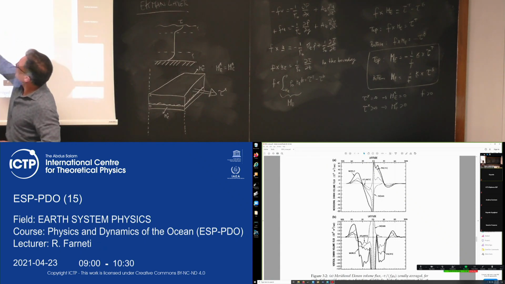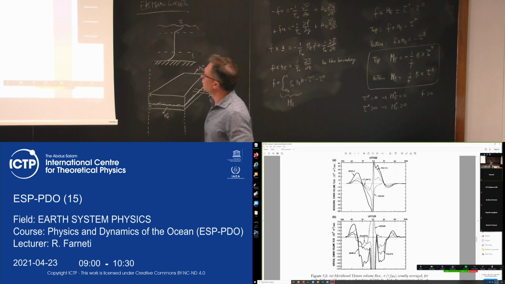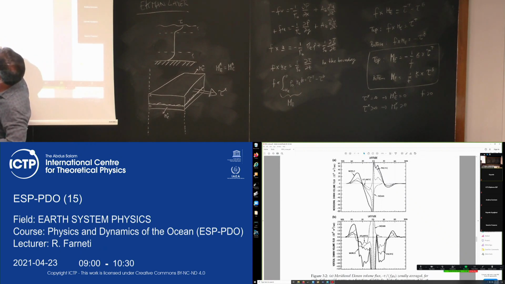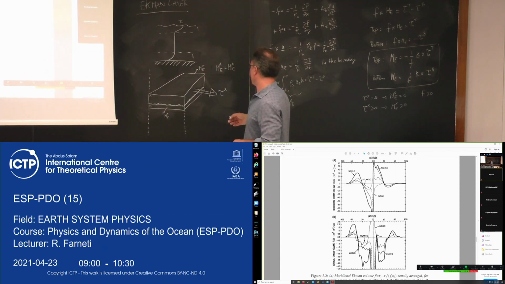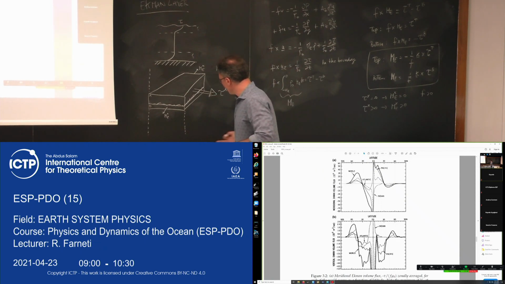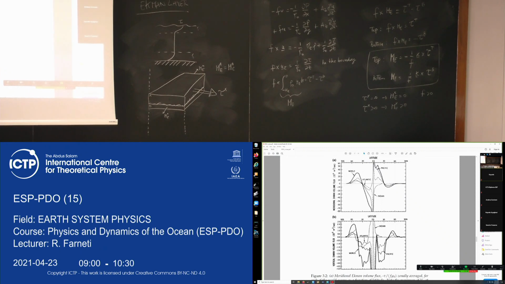The bold black line is the total Ekman volume flux in the ocean. You will clearly see that there's a change in sign roughly at 30 degrees where you switch from westerlies to easterlies. This would be the westerlies, and then you have the easterlies blowing from east to west, and that will cause different mass transport. Here you have positive mass transport going northward, and here you have negative mass transport going equatorward.